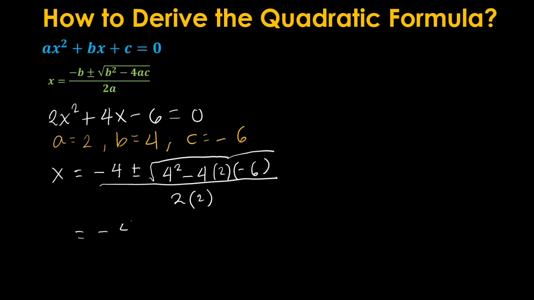We have negative 4. Now inside our square root, we have 16. Negative times negative is positive. 4 times 6 is 24, so this is 48. We'll continue here.